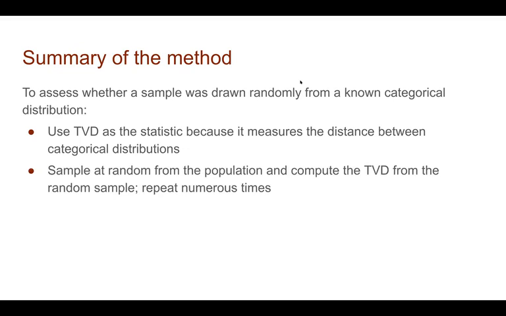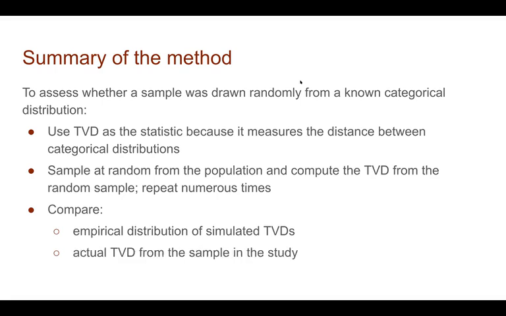Once we have that statistic, we follow the exact same framework as before. We sample at random from the population, compute our statistic, which in this case is the TVD, and repeat a large number of times. We compare the empirical distribution of simulated values, the histogram from that, to the actual TVD that we got from the sample in the study. Where it falls on the histogram gives us an indication of how likely it is that the actual observed value was due to chance.